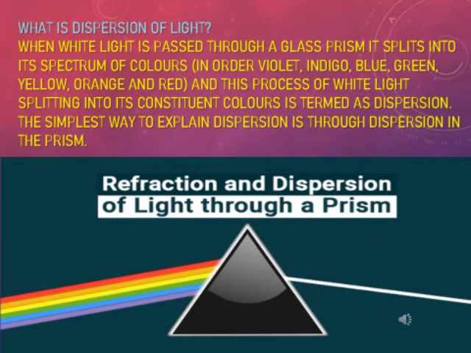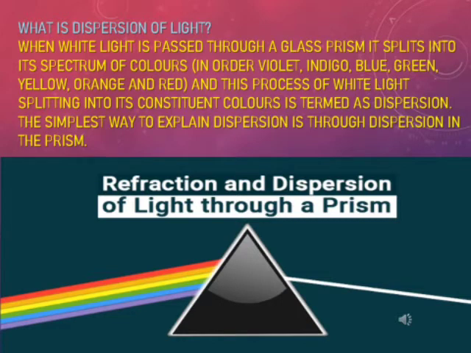So, what is dispersion of light? When white light is passed through a glass prism, it splits into its spectrum of colors in order: violet, indigo, blue, green, yellow, orange and red.